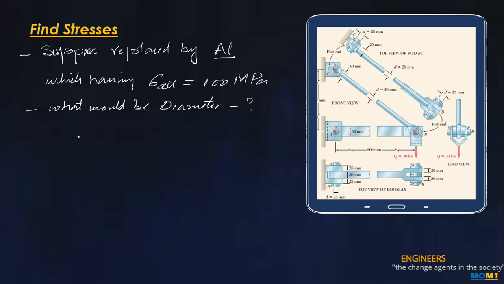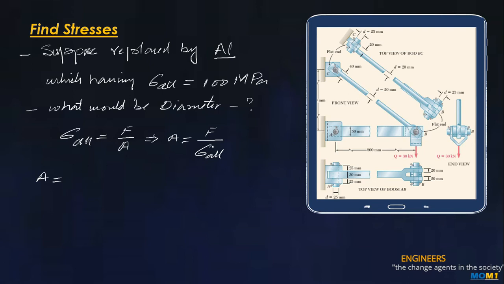To calculate that, we are going to use same expression, sigma allowable is equal to force upon the area. To calculate area, we can write this expression as force upon sigma allowable. So using values, first we will calculate the area, and then from this area we can calculate the diameter of this rod.